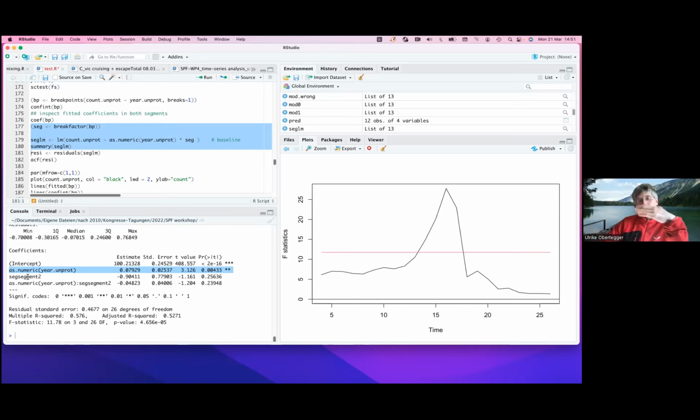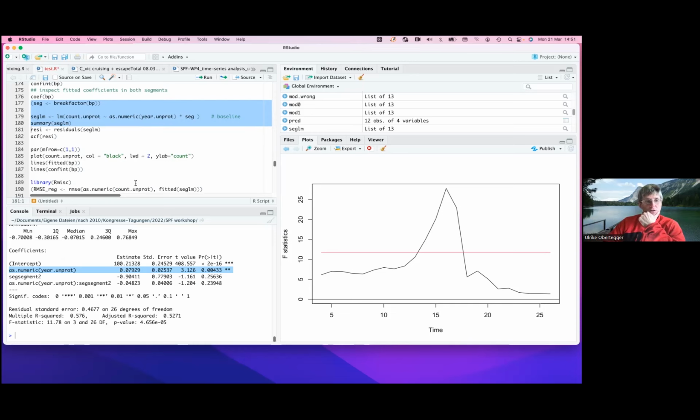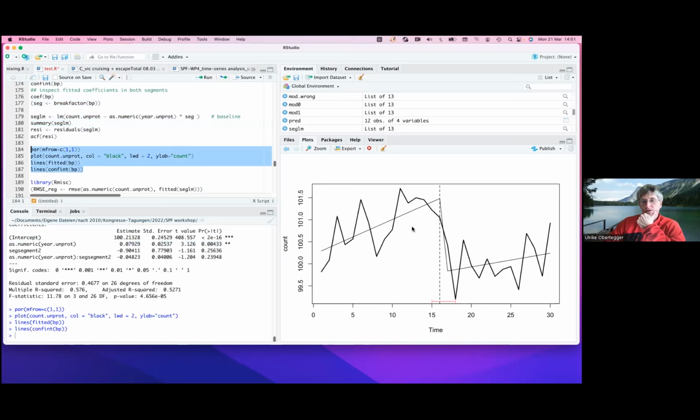We know that the estimates for the first segment are all highly statistically significant, but when it comes to the second part, they are not. So when we plot this, it looks like this. This means this is the part where we are highly confident in the estimates of our data, but here we are not.